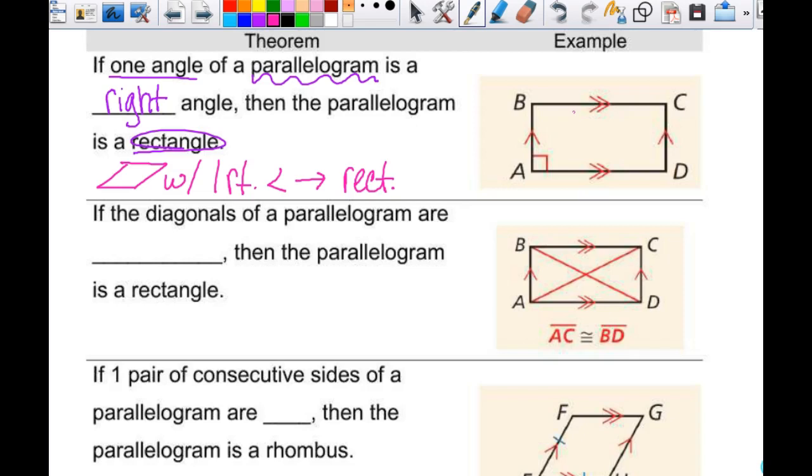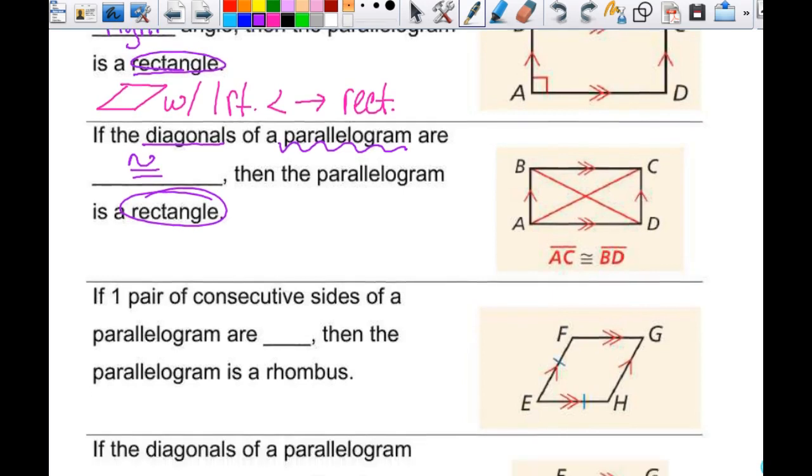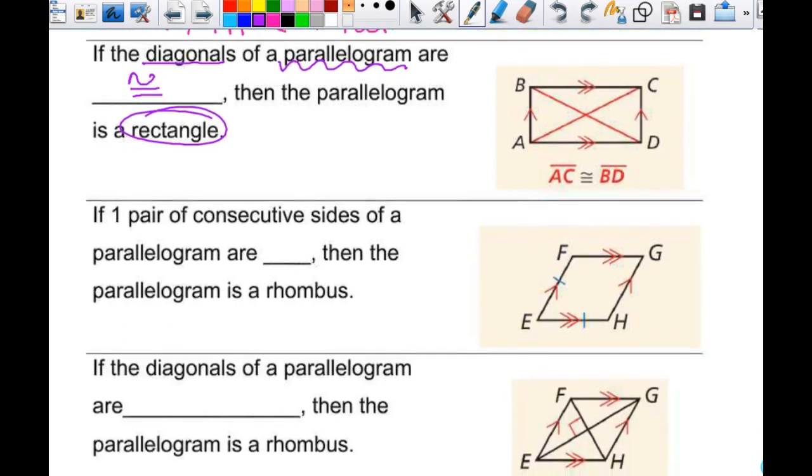All right, so then we have, if the diagonals of a parallelogram, so again, we know it's a parallelogram, if they are congruent, then the parallelogram is a rectangle. All right, so if they are congruent, then it is a rectangle.